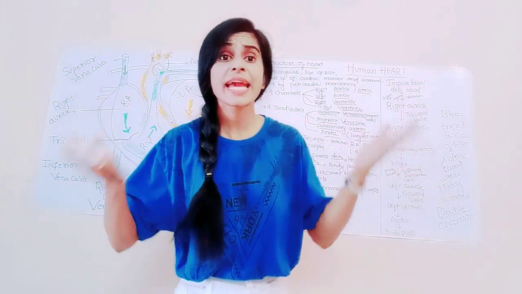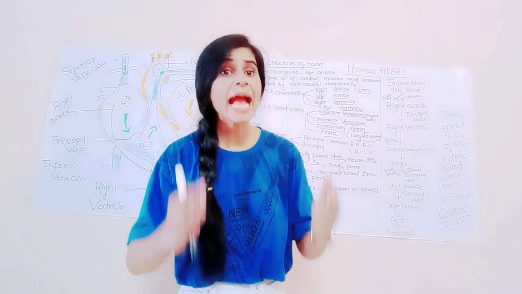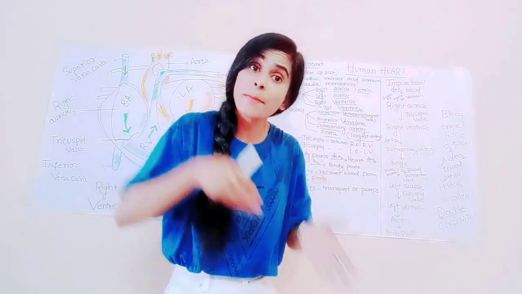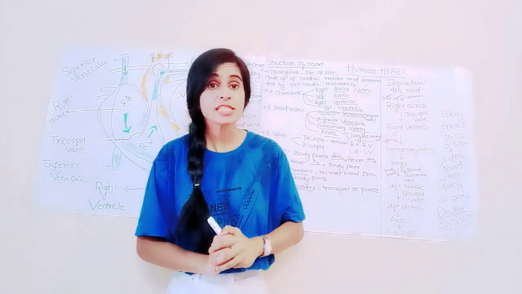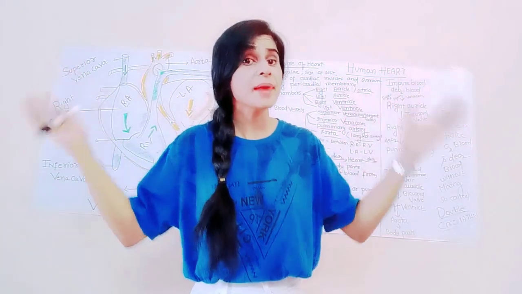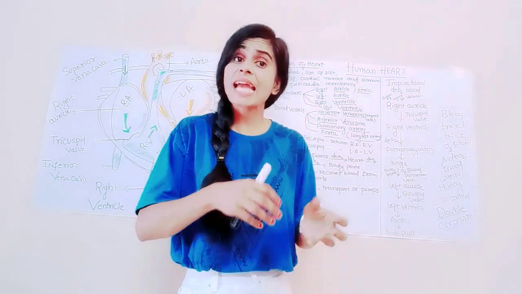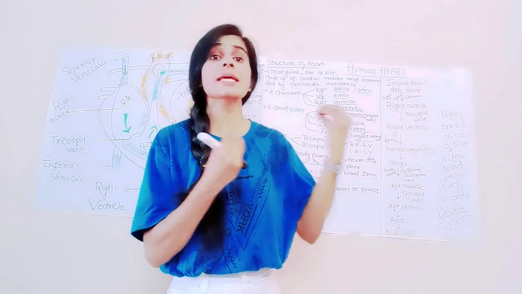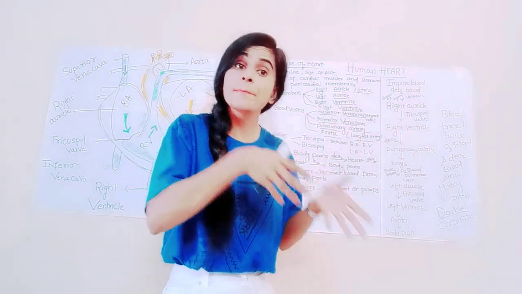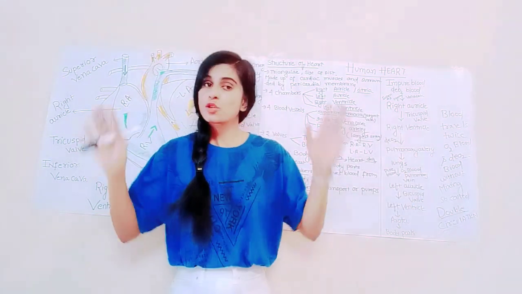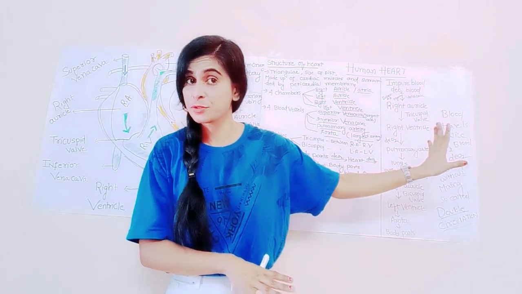What are those? They are tubes. They act as pipes in which the blood flows. It acts as a pipe to flow the blood inside it. So we have discussed this in my last video.